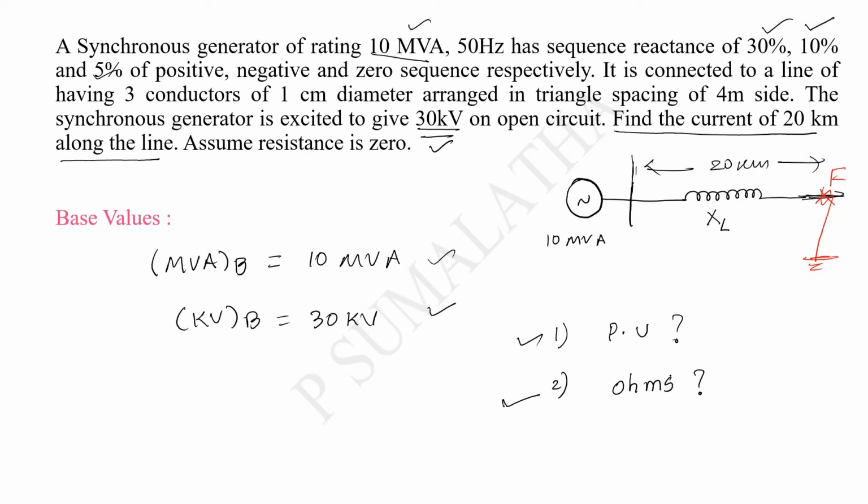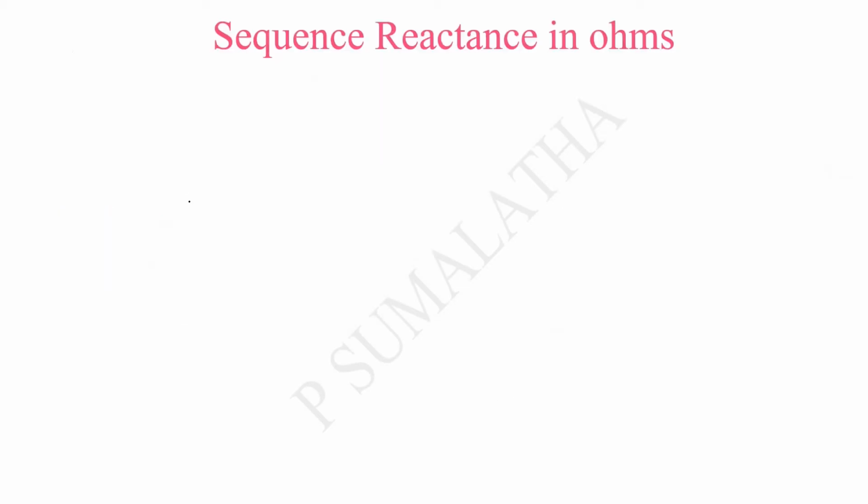But if you look at this problem, the details are represented in terms of actual units. So instead of per unit, in this problem we are going to find the reactance in ohms. Now let us find the sequence reactances in ohms for the two components, that is the generator as well as the transmission line.